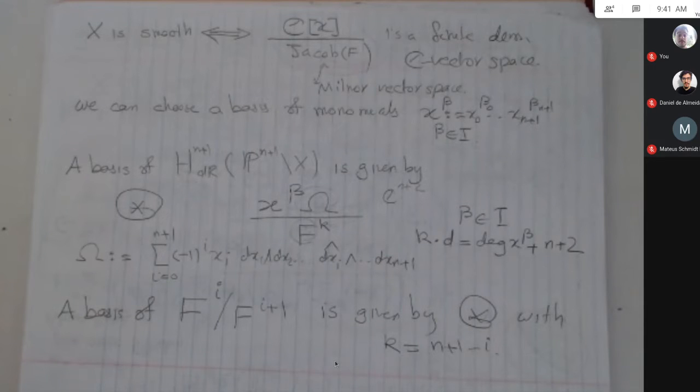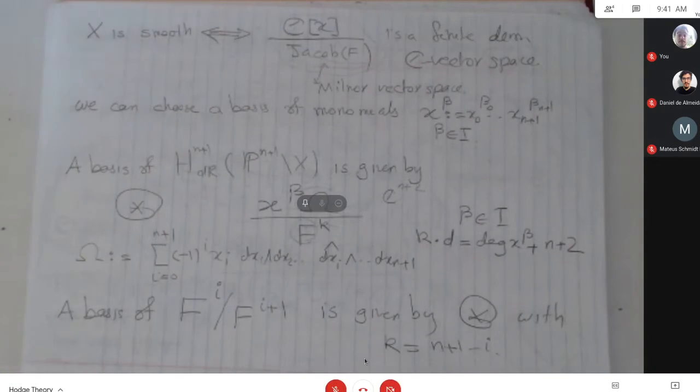The plan is to apply this theorem to the Fermat varieties, and first to play a little with Hodge cycles and algebraic cycles on the Fermat variety, and at the end, if we have time, we will return to the Griffiths theorem again. Okay, any questions so far? Okay.